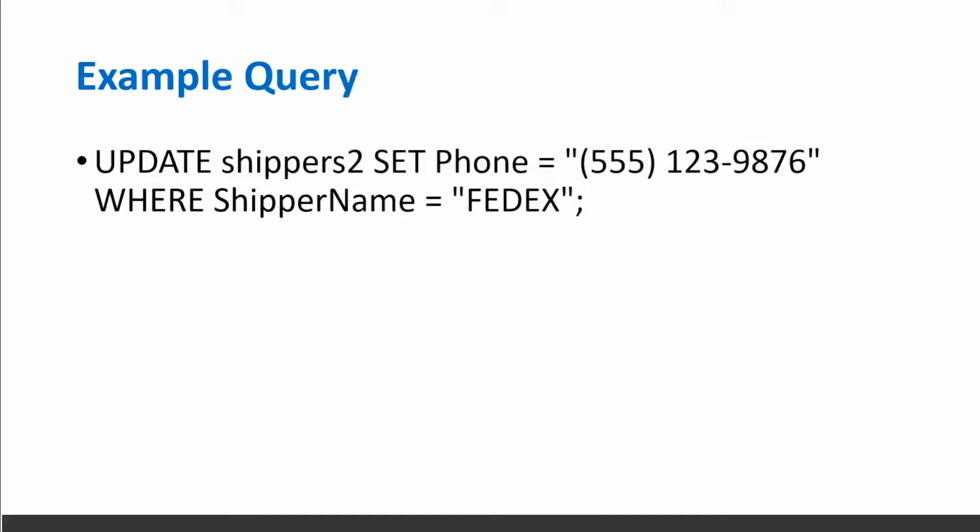So in this case, the course of action would be like, oh, FedEx has changed their phone number, so we need to update their phone number in our database. Update our database table, set the phone number to be the new phone number where the shipper name is FedEx.